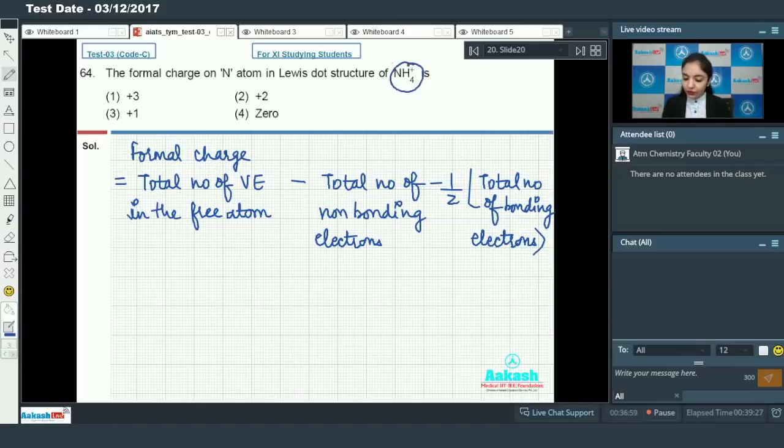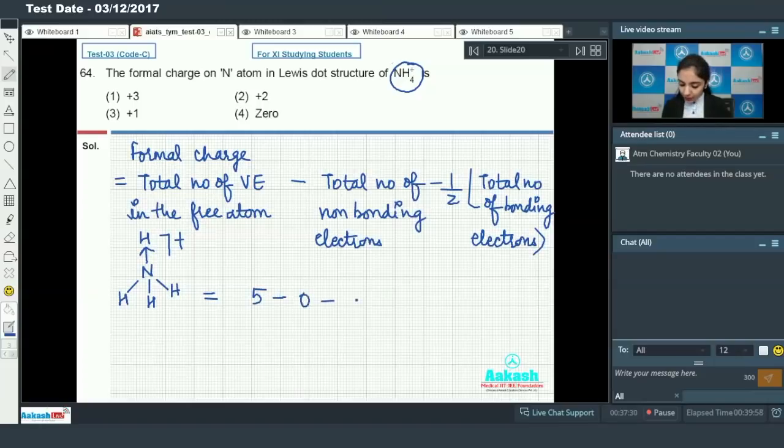So now you have been given NH4 plus. So if we make the structure of NH4 plus, so it is the structure for NH4 plus. So you can calculate the formal charge very easily. So number of valence electrons in the free atom, that is on nitrogen, is equal to 5, minus total number of non-bonding electrons, they are equal to 0 as all electrons are used up in the bonding.